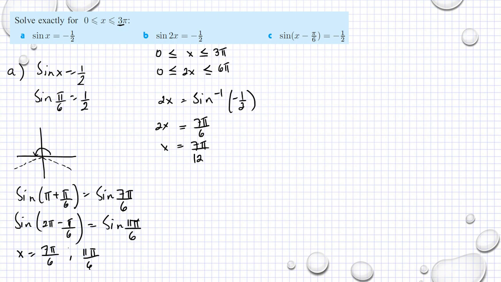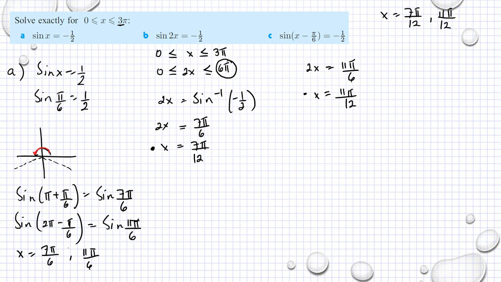That's our first. Okay, the second one is 2x is equal to 11 pi divided by 6. So our other x is 11 pi divided by 12. As you can see, we have two values of x already.